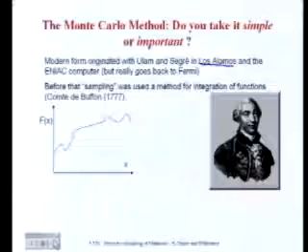And the first example that I think is known is by the Comte de Buffon, which I think is a beautiful name. Buffon thought of this as a method for integrating functions. The idea is very simple.